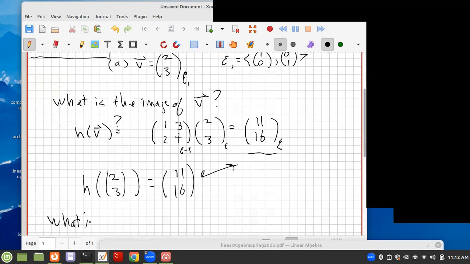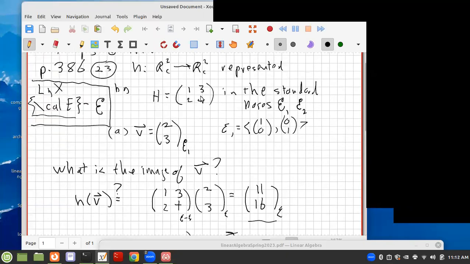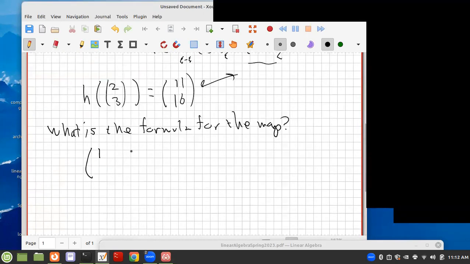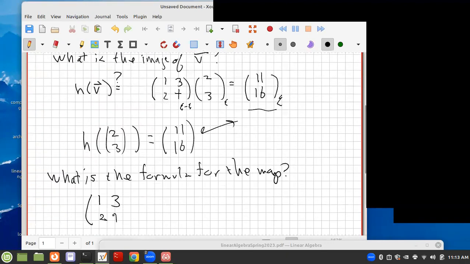To see how that works in detail, we can ask: what is the formula for the map? We know how the matrix H, with rows (1, 3) and (2, 4), is constructed, and it maps any vector to its image. So what is this image?